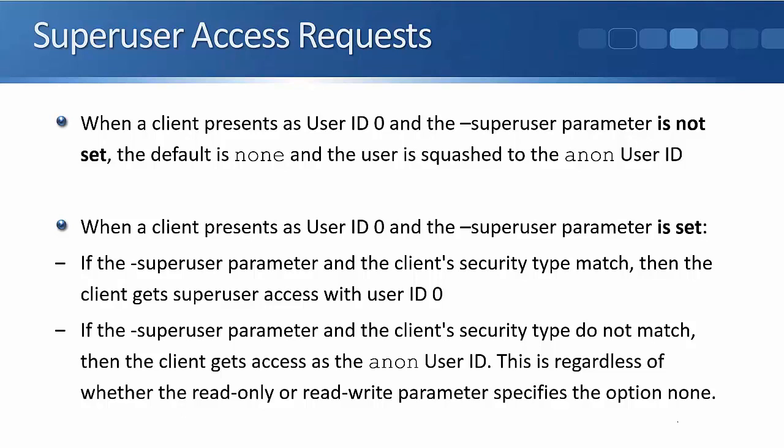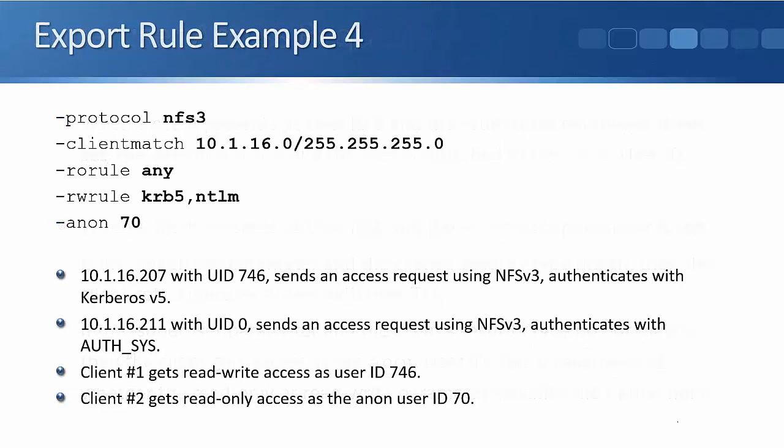When a client presents user ID 0 and the superuser parameter is set, if the superuser parameter and the client security type match, then the client will get superuser access with user ID 0. If the superuser parameter and the client security type do not match, then the client gets access as the anonymous user ID. This is regardless of whether the read-only or read-write parameter specifies the option none. So that can be a bit confusing. Let's have a look at some examples again to clarify that.